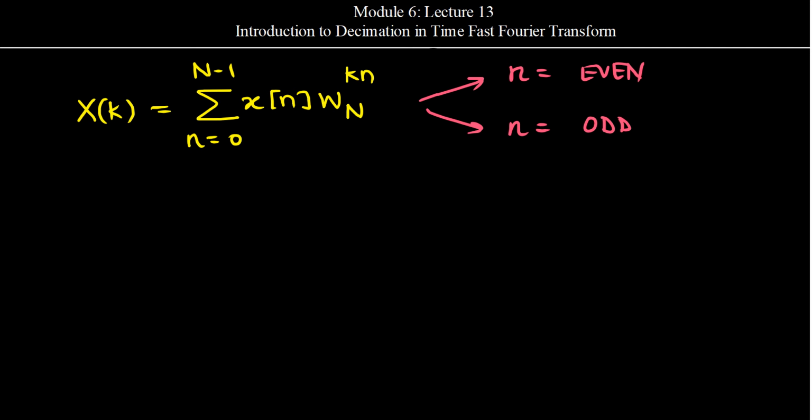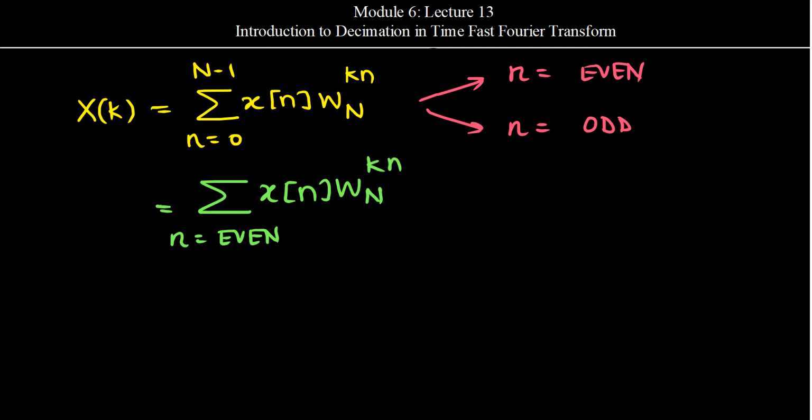So what we have is summation where this n is even x of n wn to the power kn plus summation where this n is odd x of n wn to the power kn.